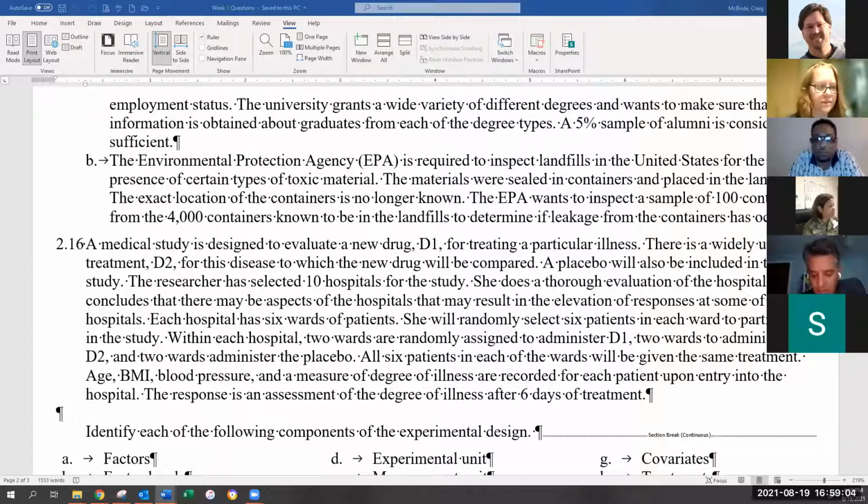So for that one, could the confounding variable be like symptoms of the stroke? Are we talking about 2.2 or 2.16? 2.2. So 2.2, really the problem with 2.2 is the confounding variable is the year in which the patients were admitted to the hospital, because they had two completely different kinds of admittance procedures from last year to this year.